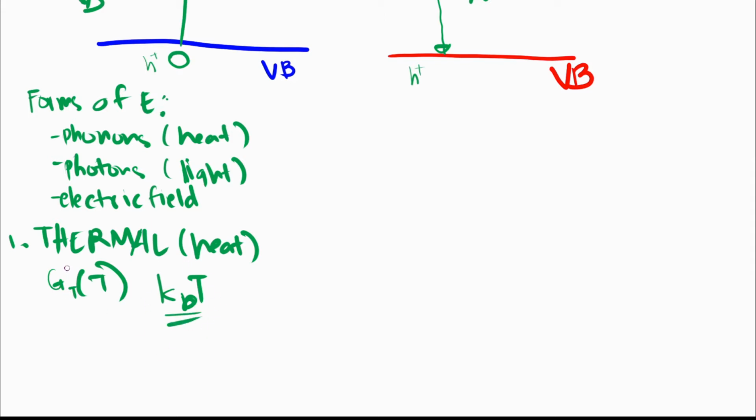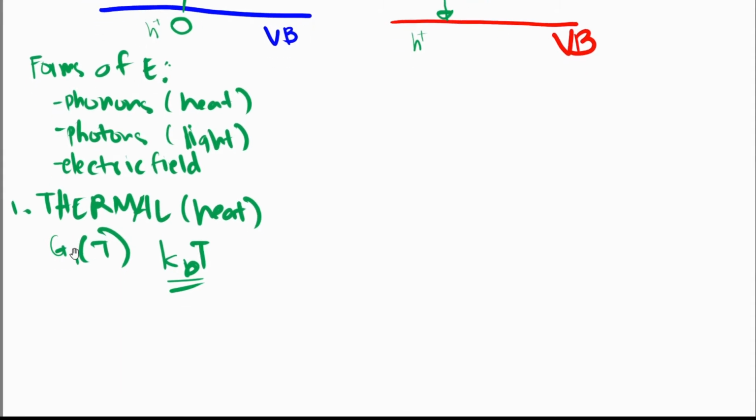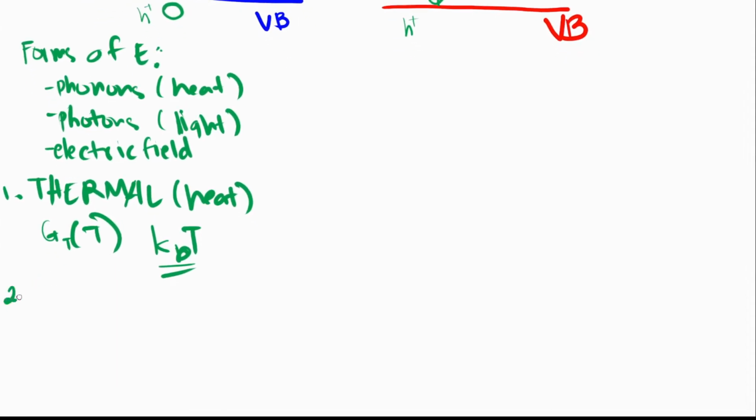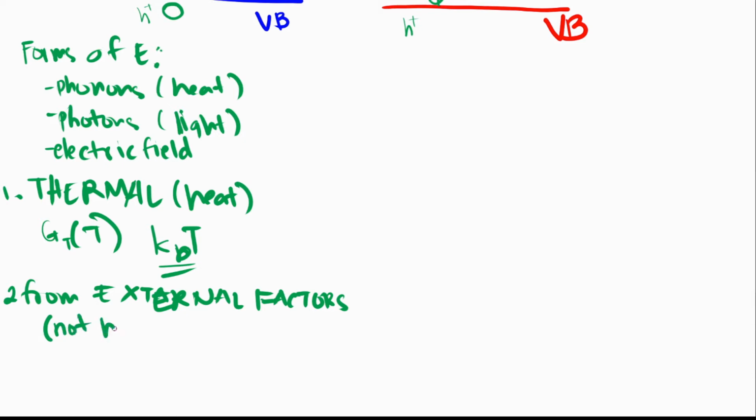Meanwhile, the second type is generation resulting from external forces, or external factors. The generation from external factors is because of stimuli other than heat. So, not heat.